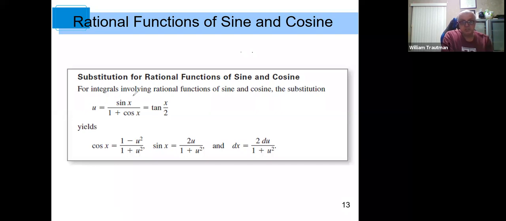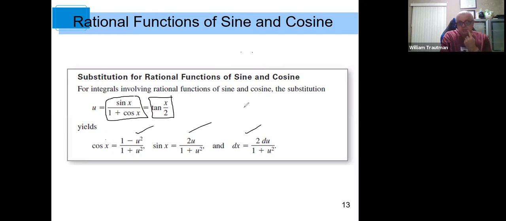It says sine x over 1 plus cosine x also equals tangent x over 2. For integrals involving rational functions of sine and cosine, they give you some other helpful hints.